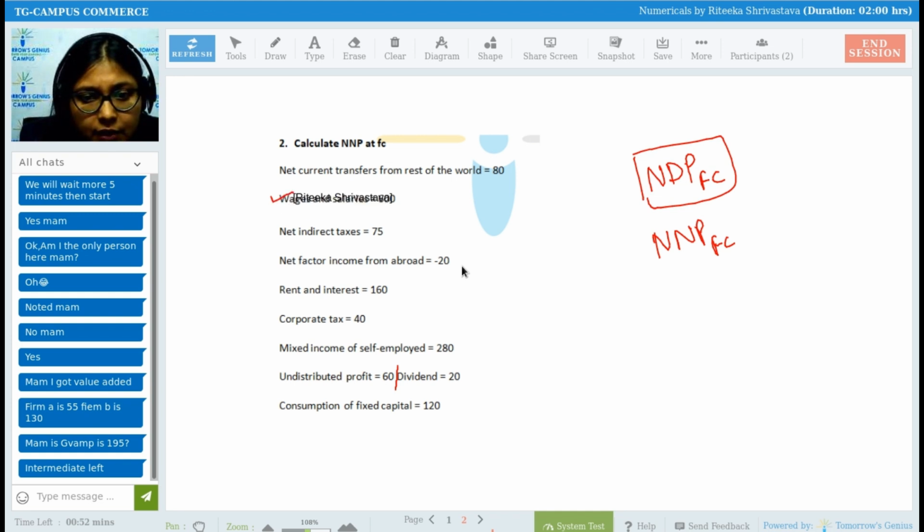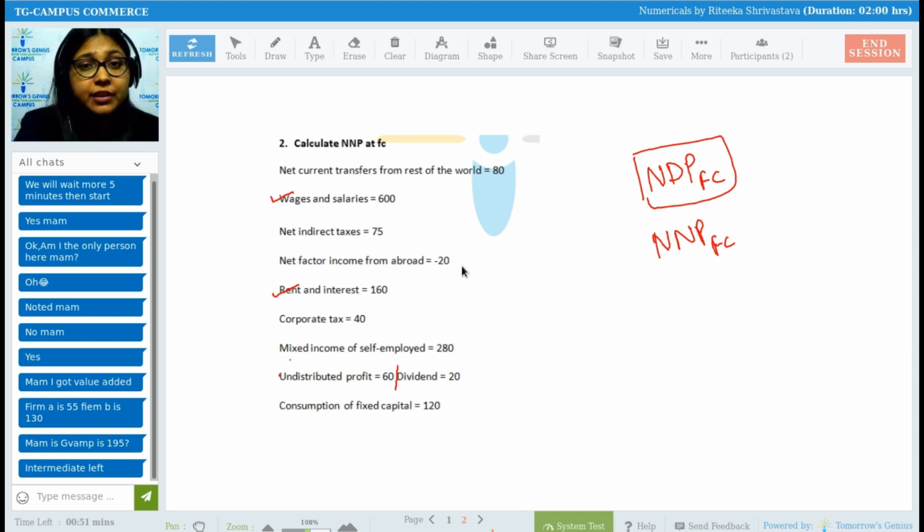Wages and salaries is given. Yes, perfect. So plus rent and interest they gave 160. Yes, perfect. Plus profit, undistributed profit is 60, plus mixed income.